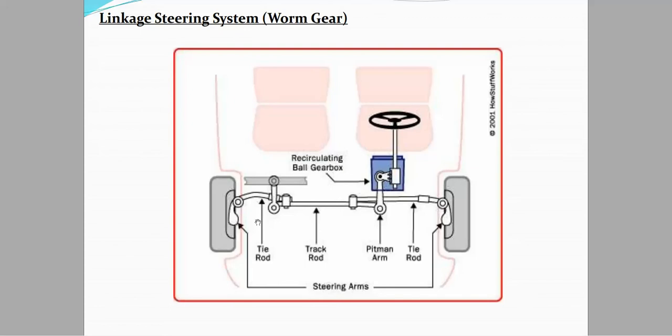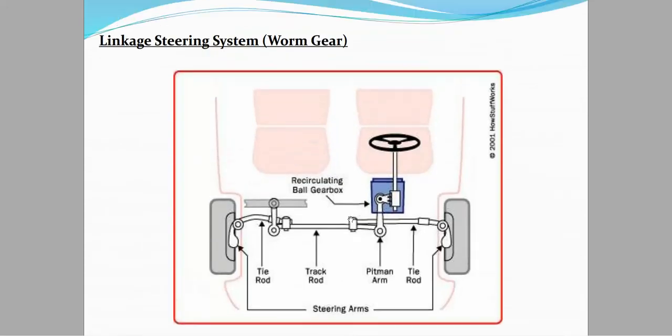With the help of this, we are able to take turns. This is a linkage steering system, or we can call it a worm wheel.